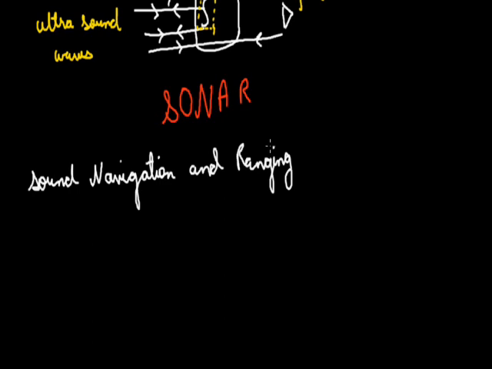Sonar is a device which is used to measure the depth of a sea or to locate many underwater things like enemy submarines and shoal of fishes. It is a device which is completely based on the use of ultrasonic sounds.